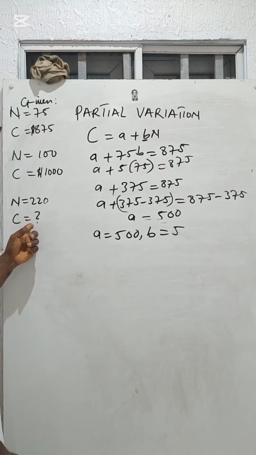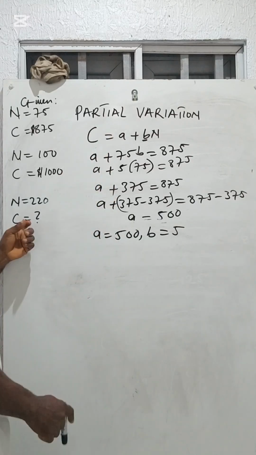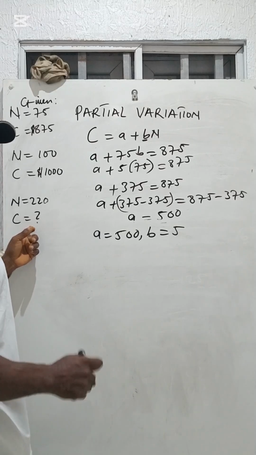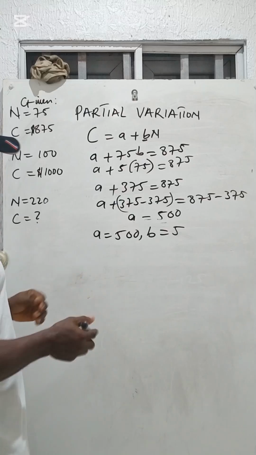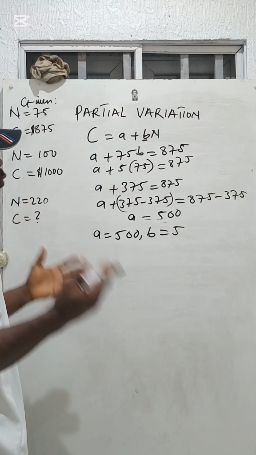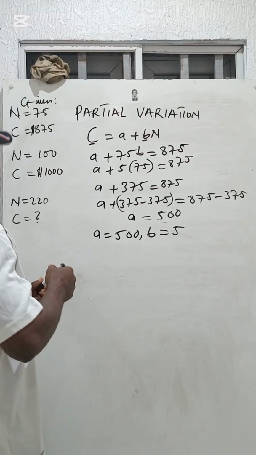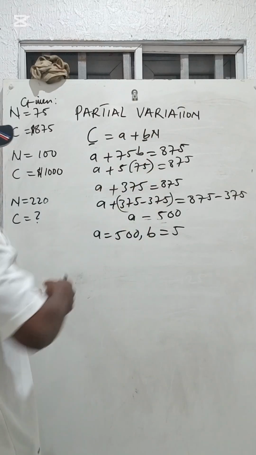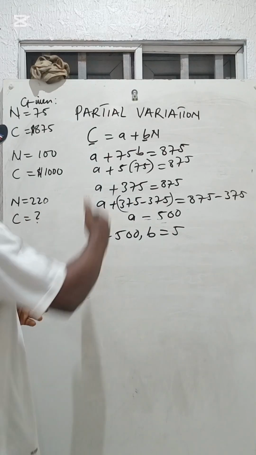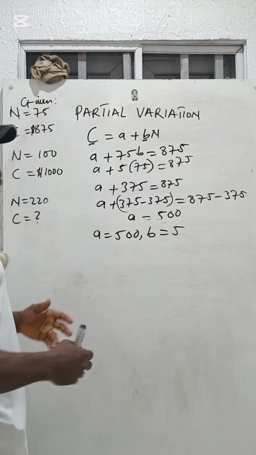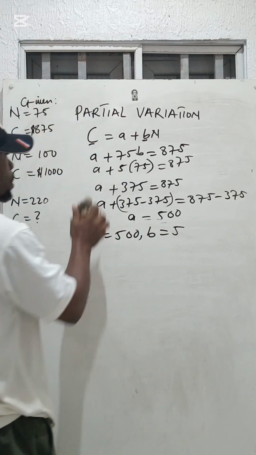Remember I said at the beginning of the video that for us to be able to use this formula to look for the cost of feeding 220 students, we need to look for the value of A and B. In the question, the number of students is 220, and we are asked to look for the cost of feeding 220 students. If we substitute 220 into this equation, A and B are unknown. So that is why I looked for the value of A and B. Now I'm going to use the value of A and B to solve for the cost of feeding the 220 students.